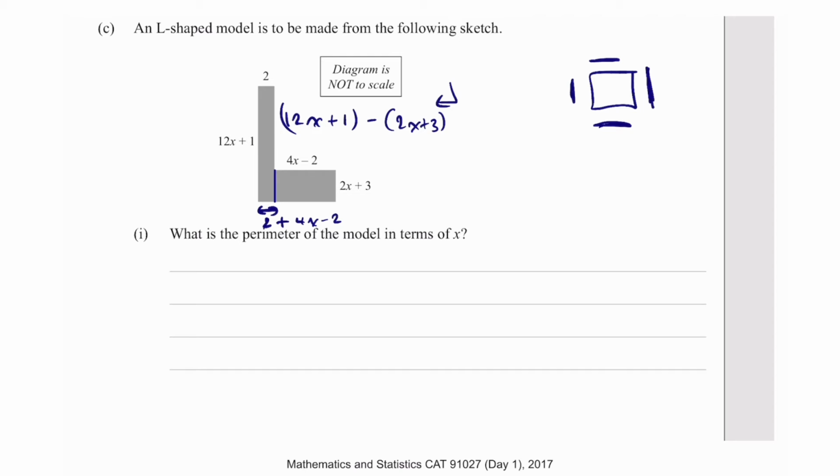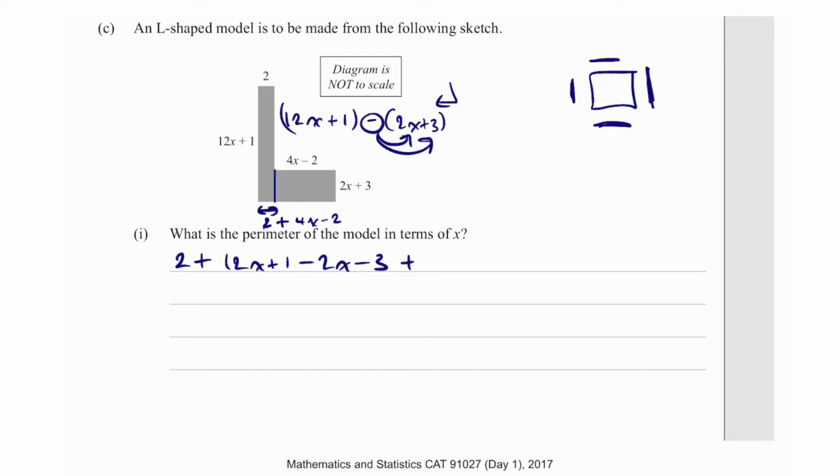Cool, so now we've got all the sides, and we can just add them up. So let's go clockwise. We actually better start with the 2 then. So we get 2 plus 12x plus 1 minus, now because we've got the minus in front of the brackets, we need to expand them out. So we get minus 2x minus 3.